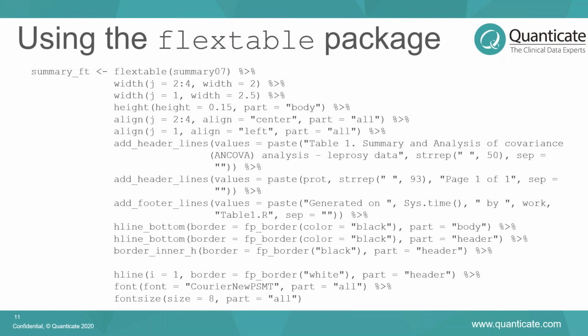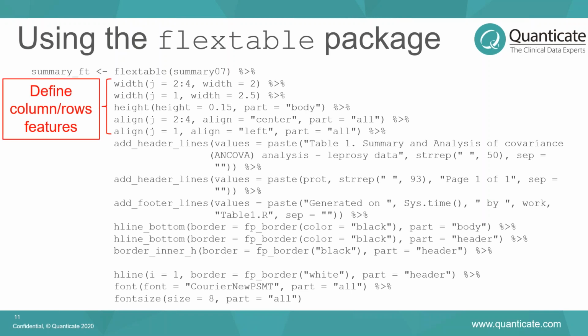So to create the table here, this is the full code. summary07 is the data frame which stores the results. So with this first section, we define columns, rows, and features like width, height, alignments, and everything else. With this, we add titles and footnotes.